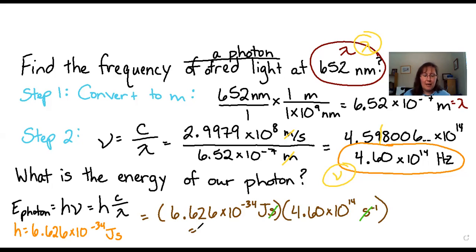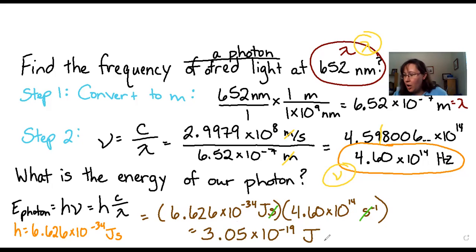Okay, and then again, pulling out my calculator, 6.626 times 10 to the negative 34th times 4.6 times 10 to the 14th. And the answer that I get for that is, and I can have 3 significant figures just because of my 3 sig figs here, 3.05 times 10 to the negative 19 joules.